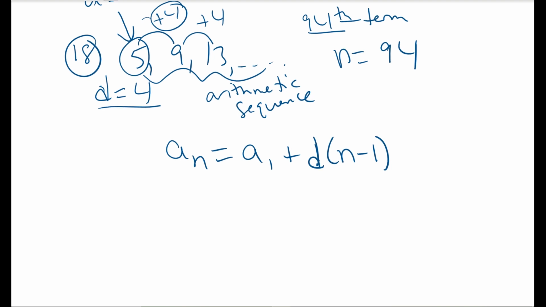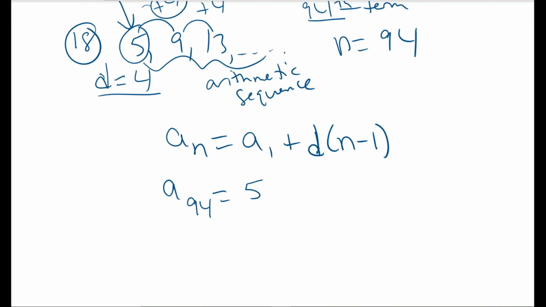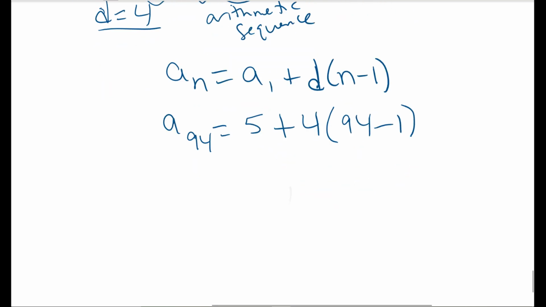Okay, so that's our formula. Now you know why we need the D, right? And A1 and n. So now we can find A94. We're finding the 94th term. A1 we said was 5, so the first term was 5. D, the pattern, is 4. N is 94, since I'm finding the 94th term. And then all we got to do is just do the math on the calculator.